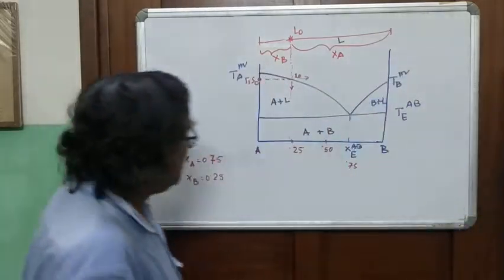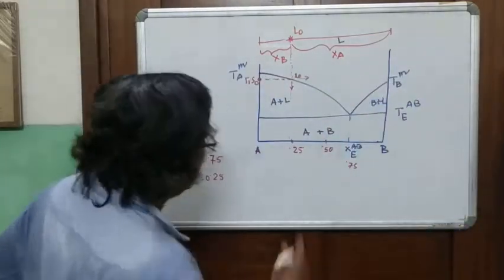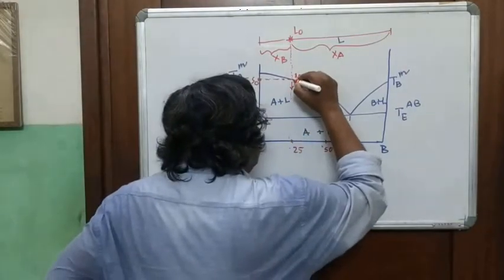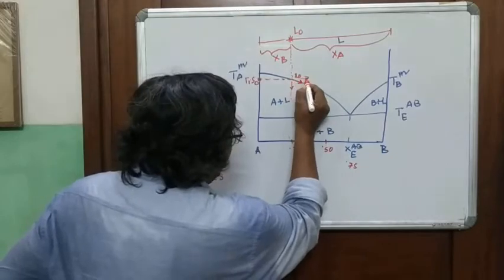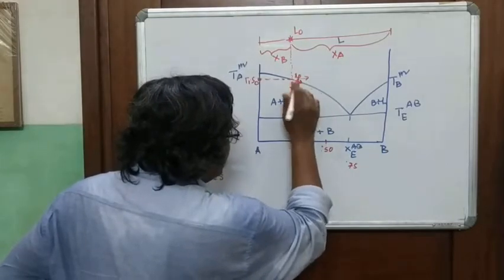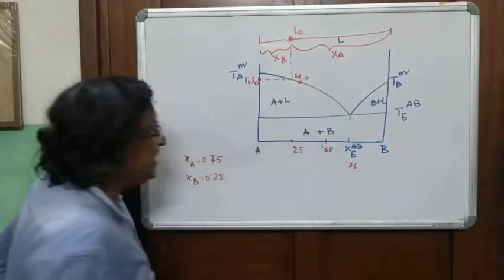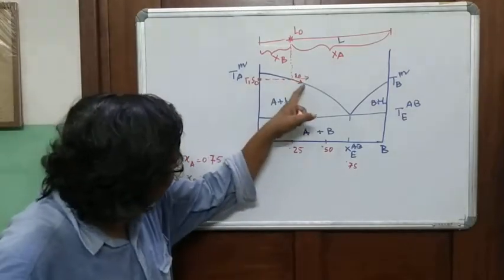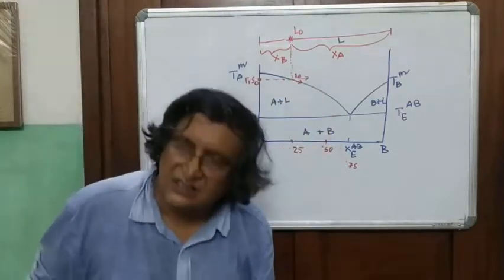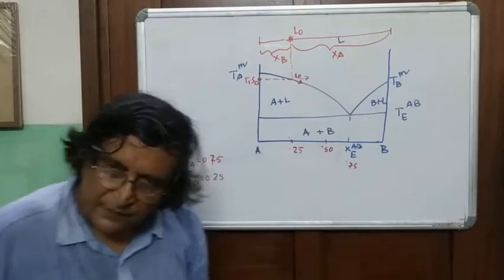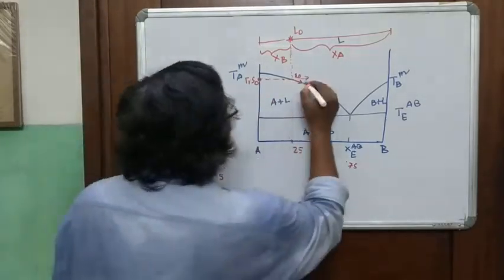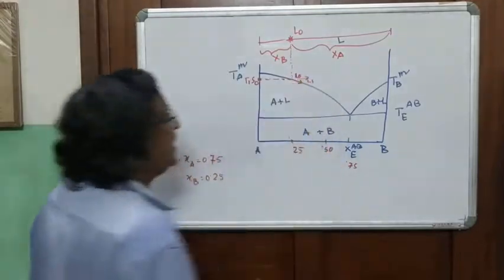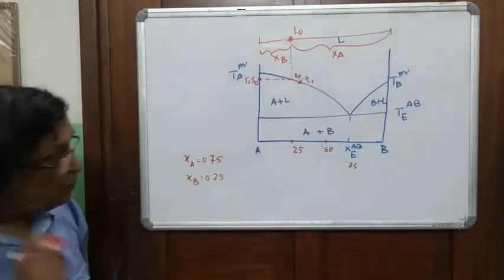The melt composition moves along this line. It goes neither straight away nor straight down in temperature, but it follows the liquidus. Have you understood? So L0 now becomes L1. Why L1?